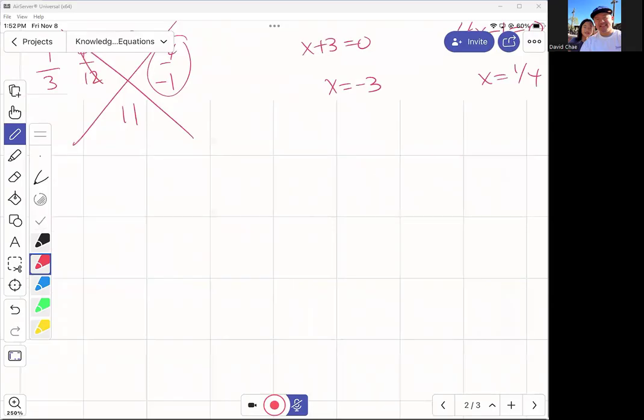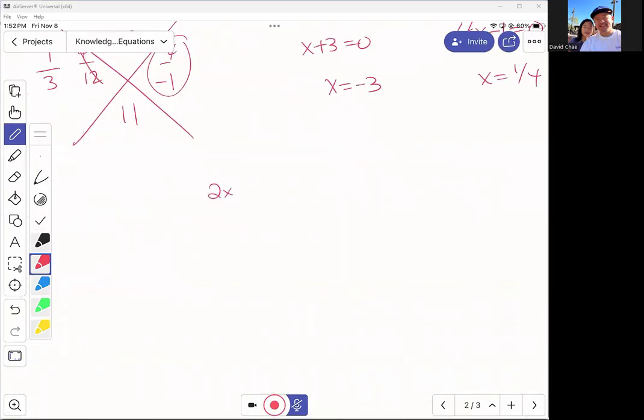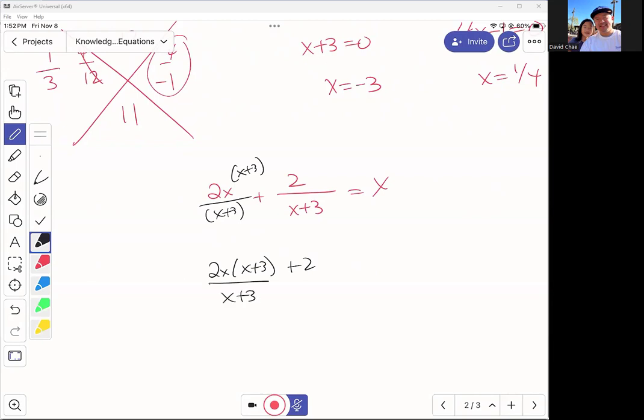Letter B is 2x plus 2 over x plus 3 is equal to x. So multiply this side here by x plus 3 over x plus 3. And it becomes 2x times x plus 3 plus 2, all over x plus 3, equals x times x plus 3, right?